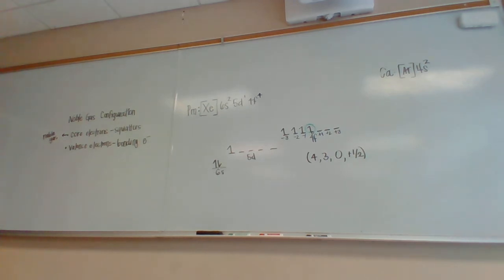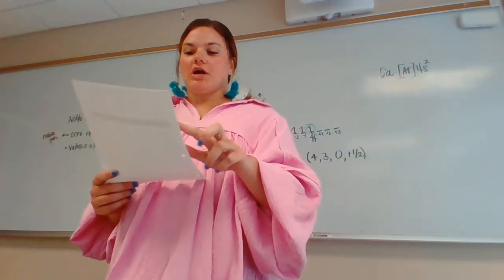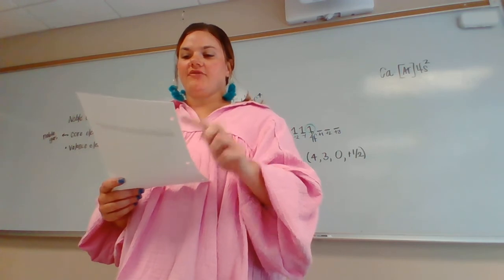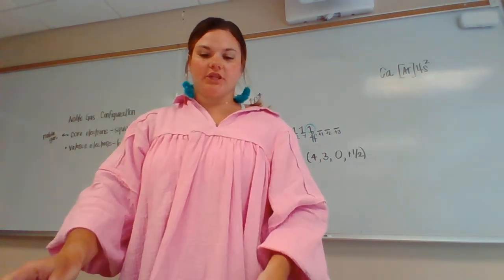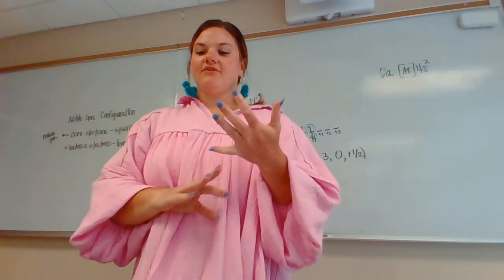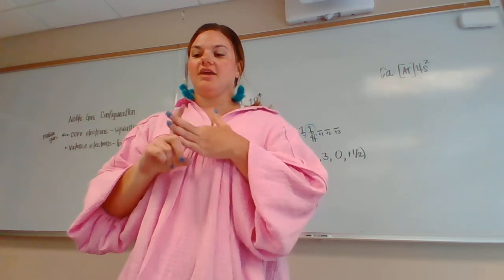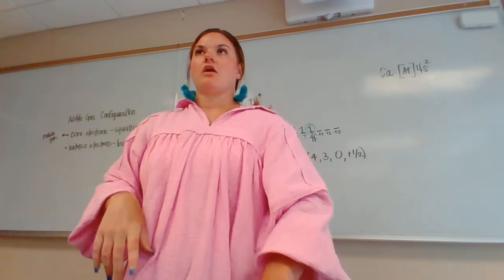Okay, let's see what time it is. 11:13. Y'all try to get through 1 through 5, and I'll try to go over them before we leave. What I've given you is either the element, the electron configuration, or the orbital notation.